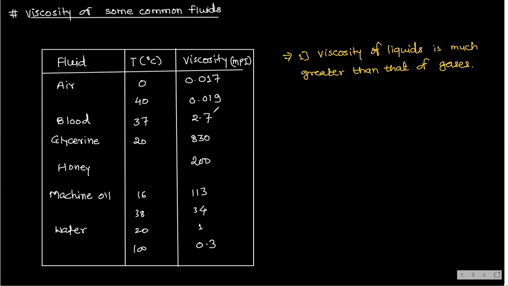For example, you see here water or machine oil or honey, and air you see 0.017, 0.019. So this is very, very less as compared with these liquids. So viscosity of liquid is always greater than that of gases.